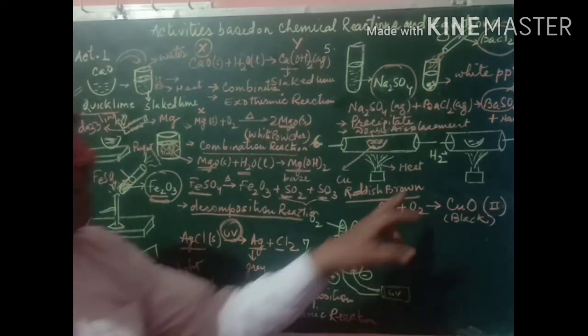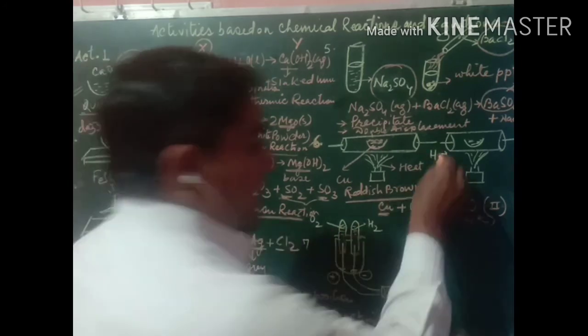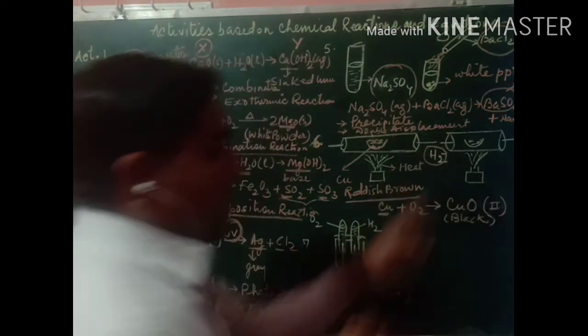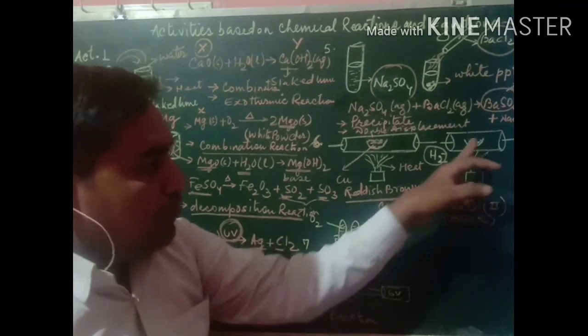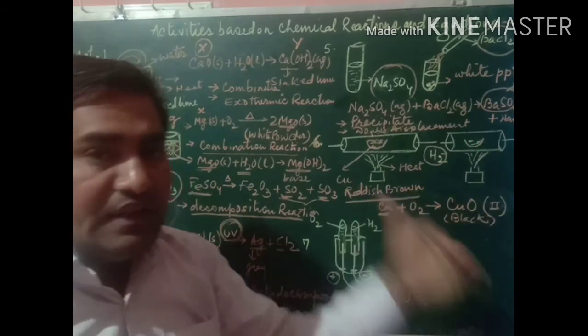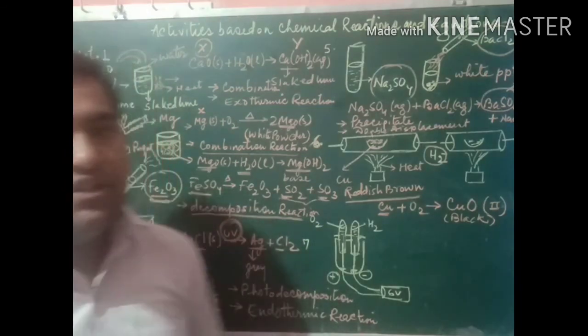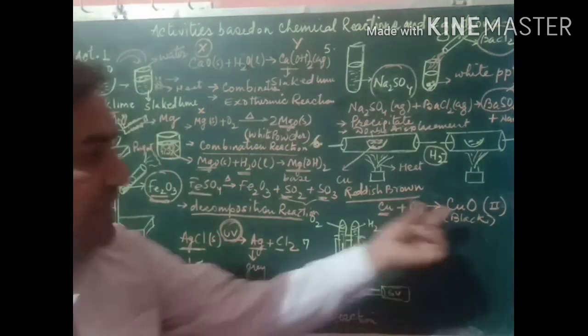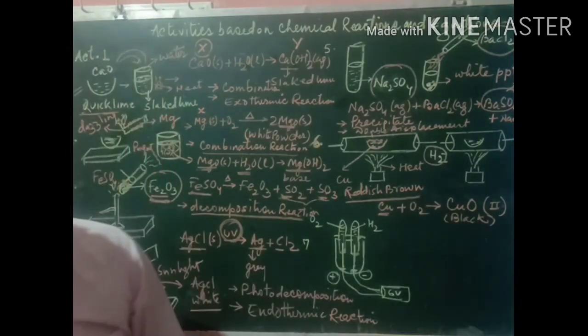But the most interesting thing is that when hydrogen gas is passed through this copper oxide, the reduction reaction takes place again. It means this black coating is removed.